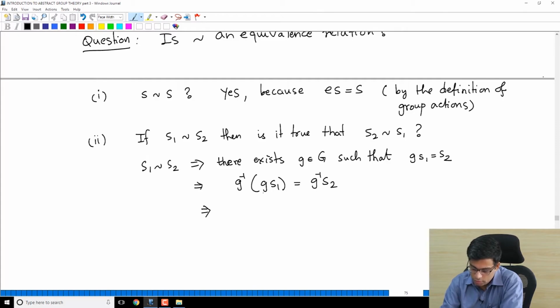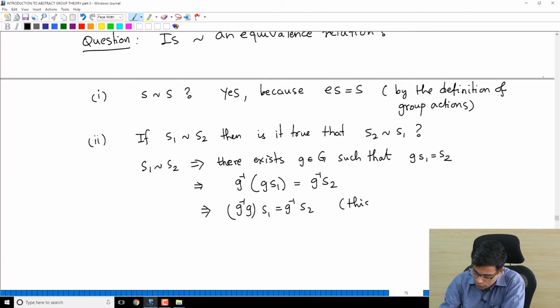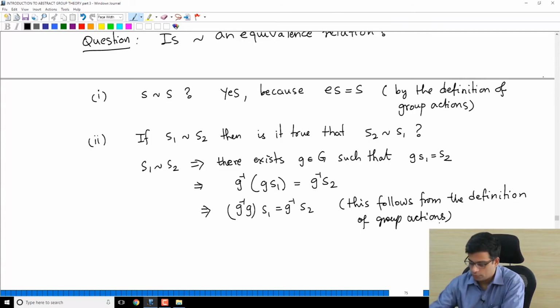Then by the definition of group action, this follows from the group actions.